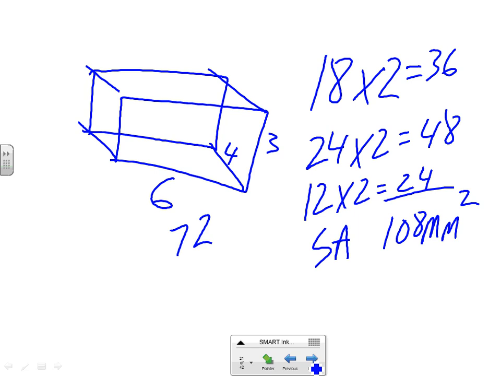And that would be what units? Millimeters cubed. So our ratio, surface area to volume, is 108, the surface area, to 72. We don't normally write it that way, though. How do we normally write it?